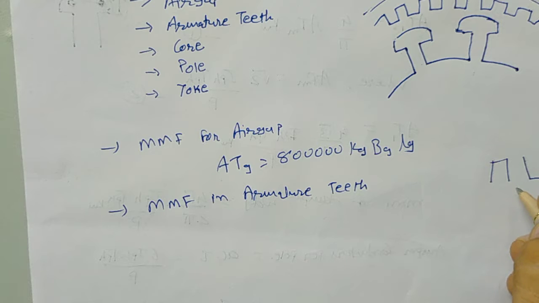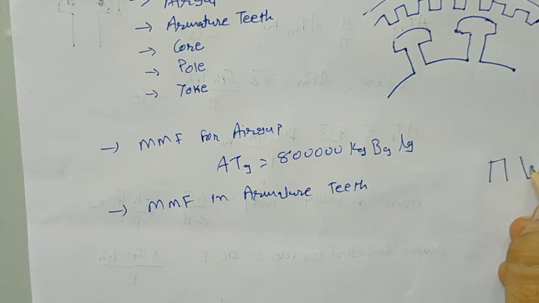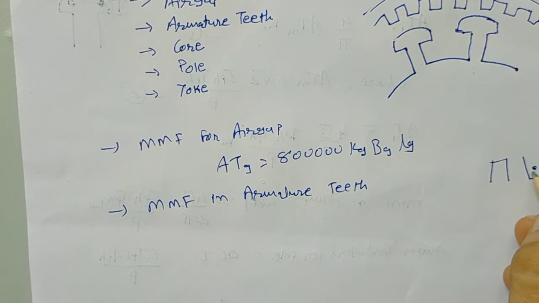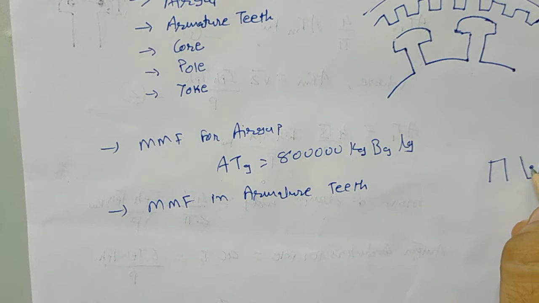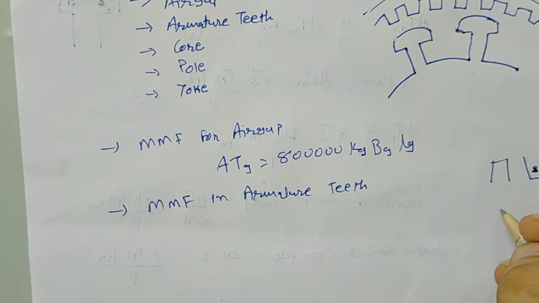The MMF for the tooth is found by finding the flux density at one third of the height from the narrow end. If this is the narrow end, then one third height is this, 33% over here and 66% over here. At that point, whatever flux density is there, that we are going to consider.